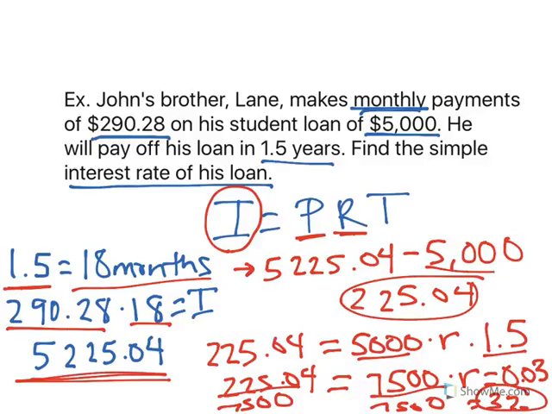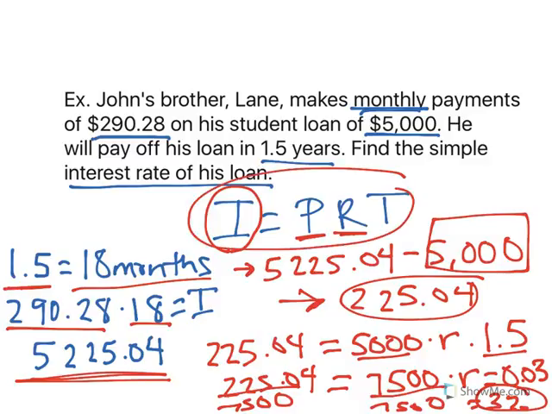But then I had to subtract the original loan of $5,000 away in order to just get that interest amount. And then from there, I was able to plug into my original equation, and then I solved for R to get my 3%.